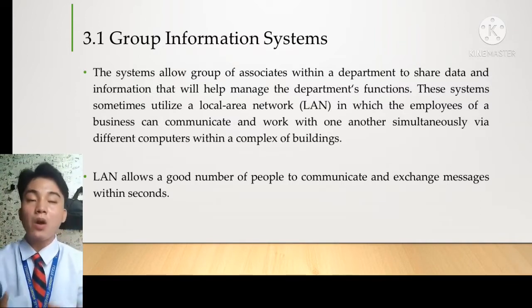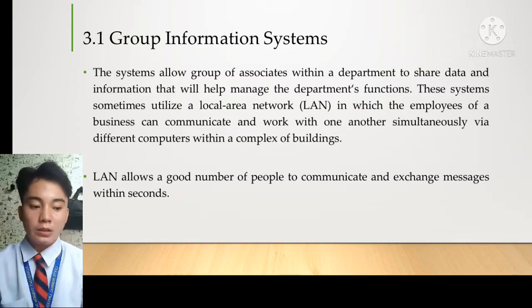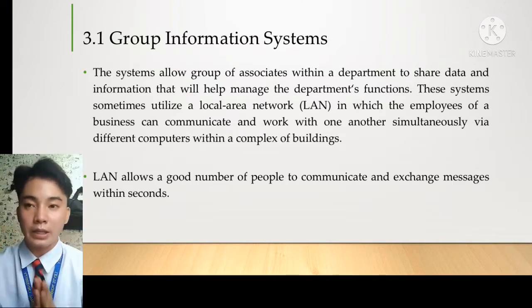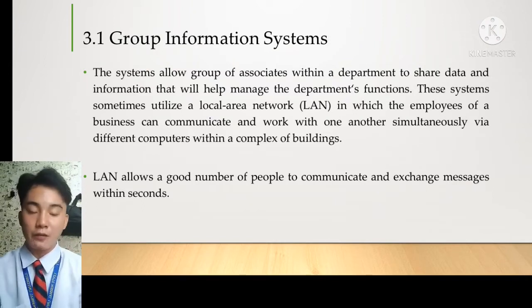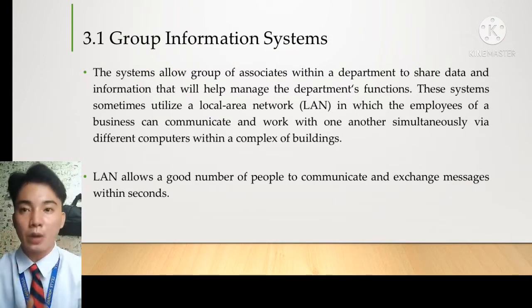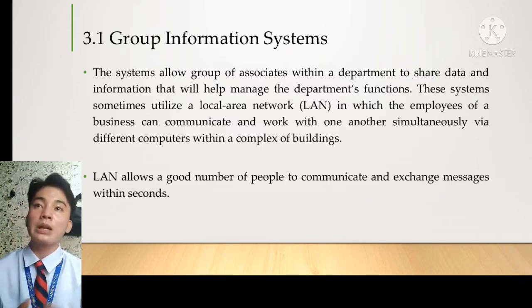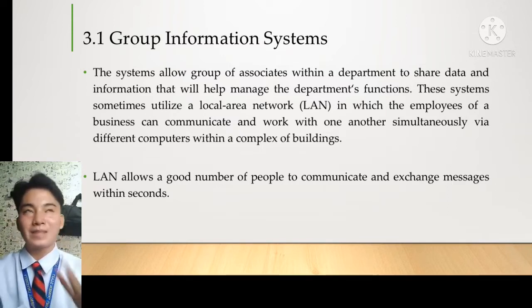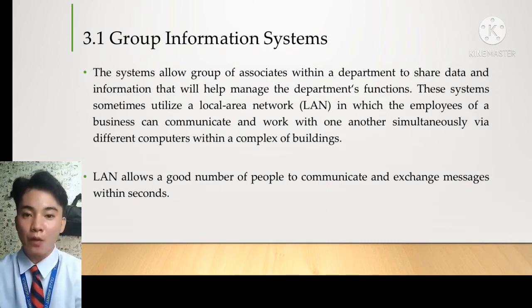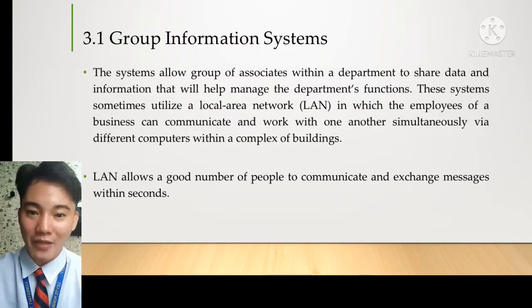Now that we are all connected to that one switch, we can exchange information within the vicinity, within the one building. That switch is connected to the router, and the router is used for connecting to the internet. So that's how Ethernet works.